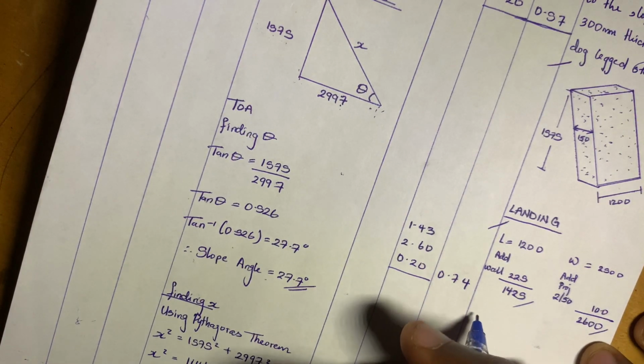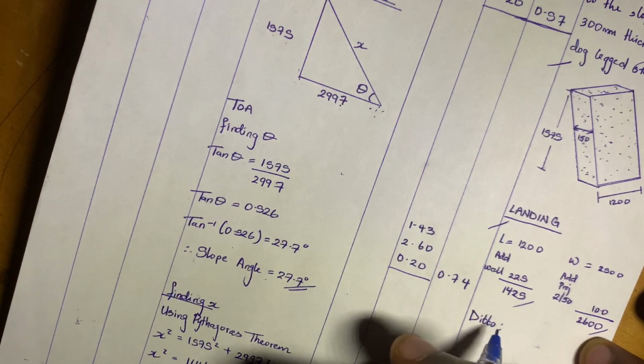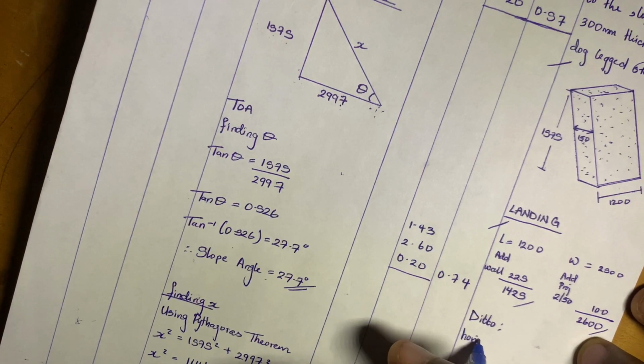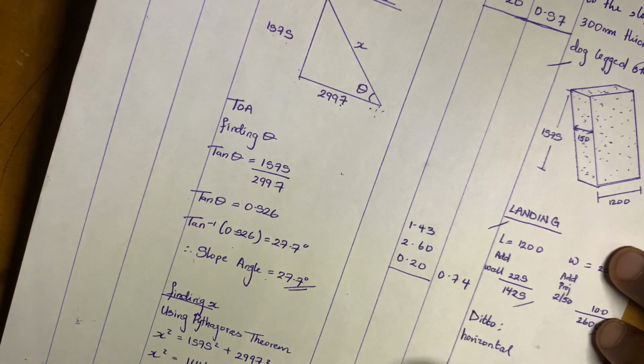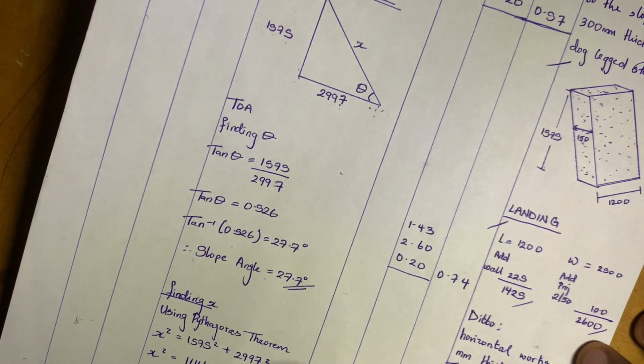So you describe horizontal works, because landing is not slanting or it's not sloping, less than or equal to what? 300 mm thick, in landing, and then you close.